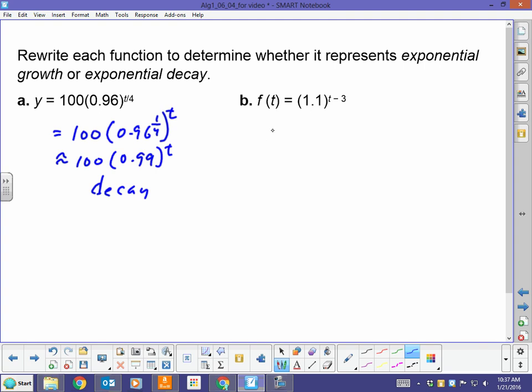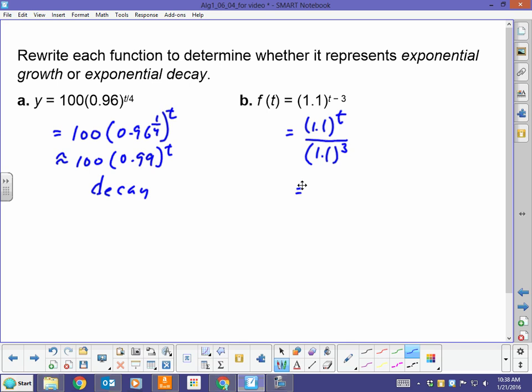Over here, let's take a look at this one, f of t. I'm going to think of this as t minus 3. Think about our rules of applying exponents to a quotient. So I can think of this as 1.1 to the second power over 1.1 to the power of 3. Right, so we subtract those. I'm kind of going backwards on simplifying a quotient here with the same base.